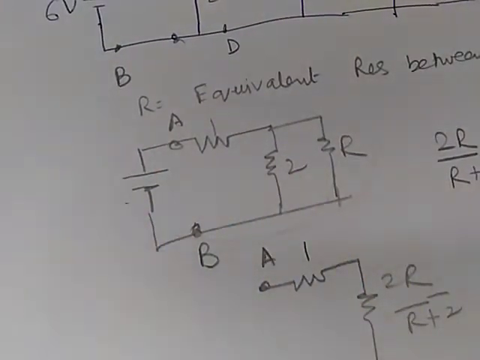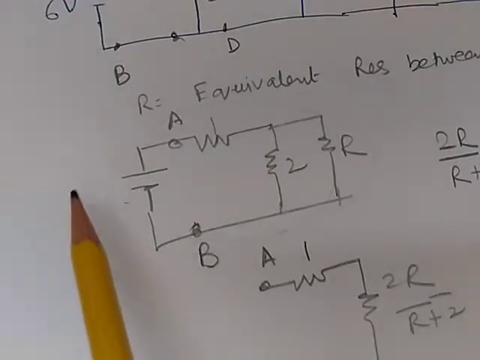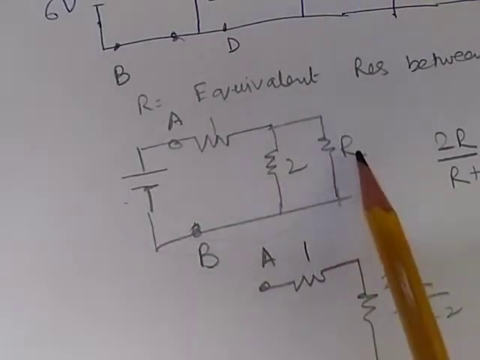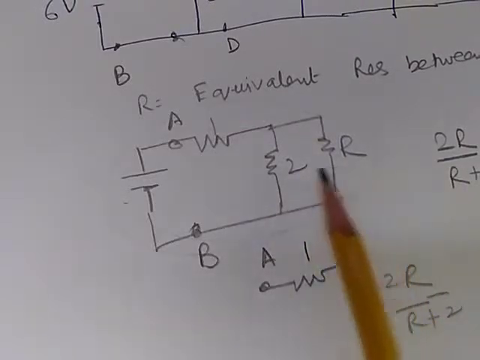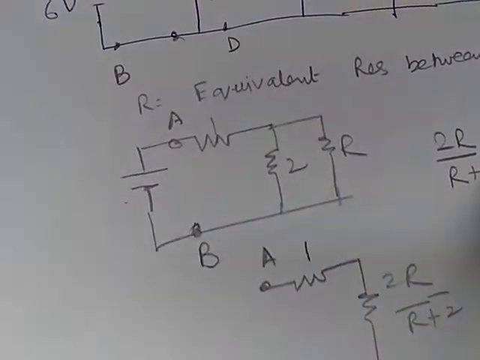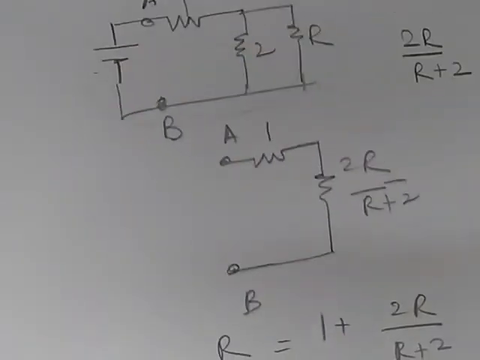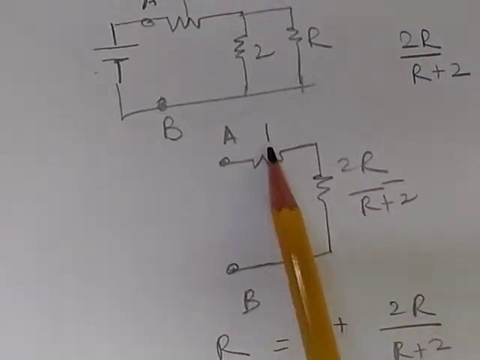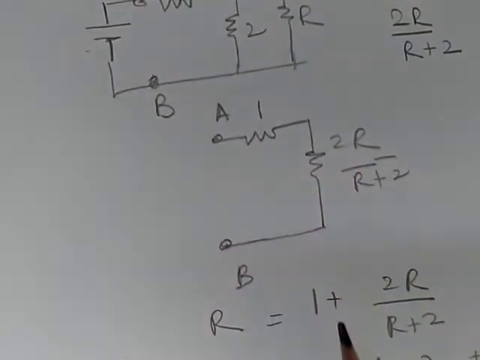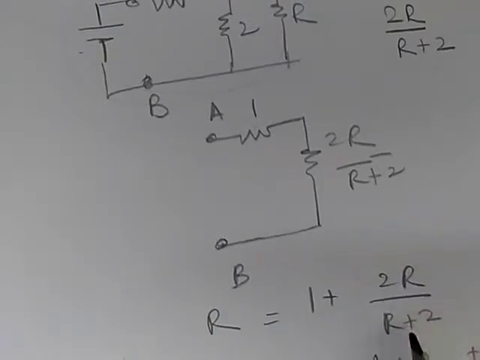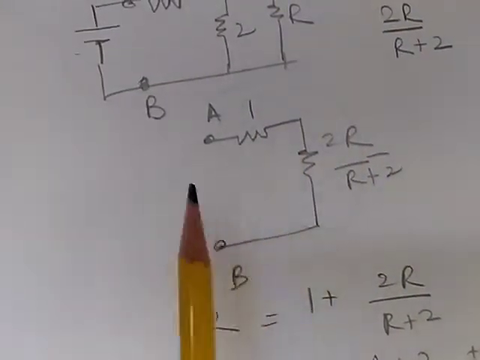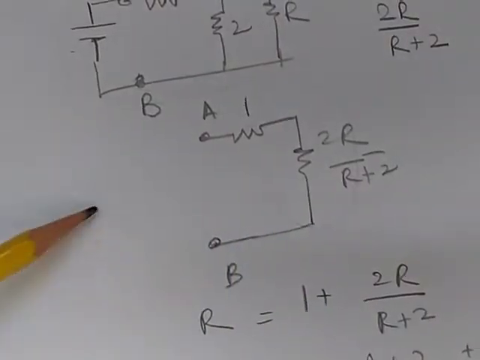This is the thing that we need to do on all infinite ladder circuit problems. 2 and R are in parallel, so their effective resistance is 2R divided by 2 plus R. Then this resistance 2R over R plus 2 and the 1 ohm are in series, so we have 1 plus 2R divided by R plus 2 as the equivalent resistance, and that is the resistance R when we look from here.